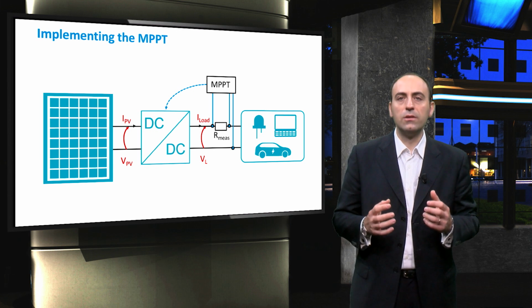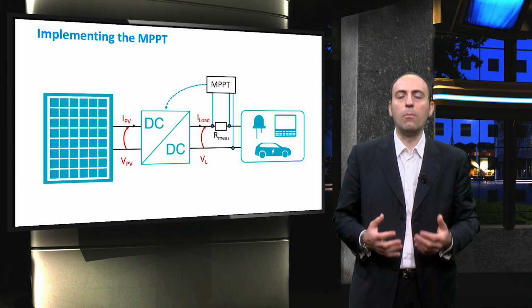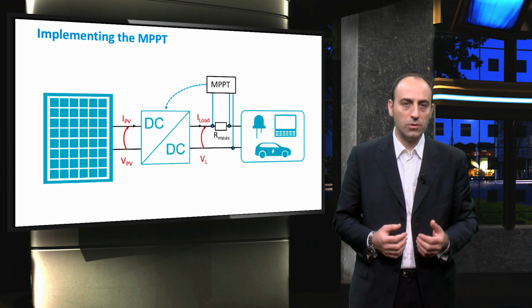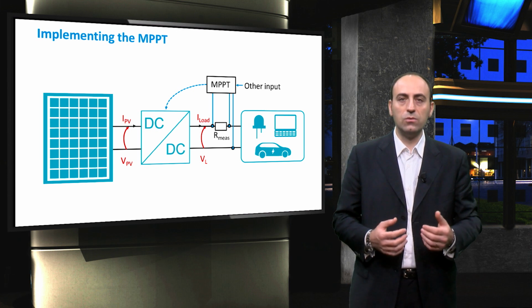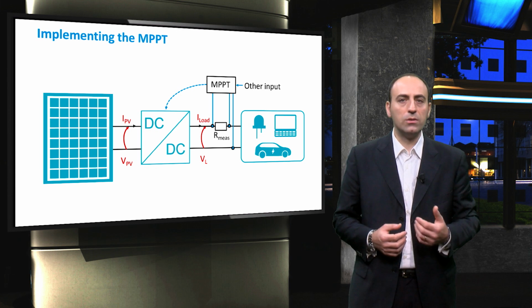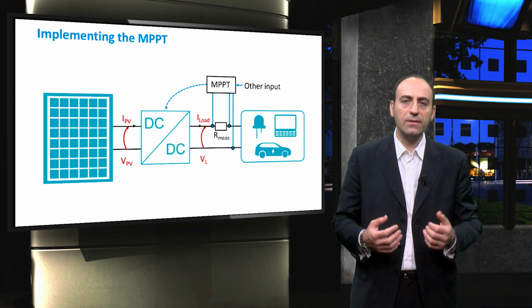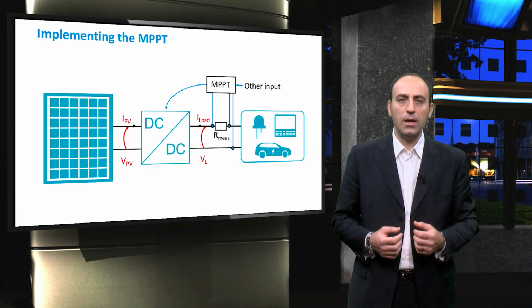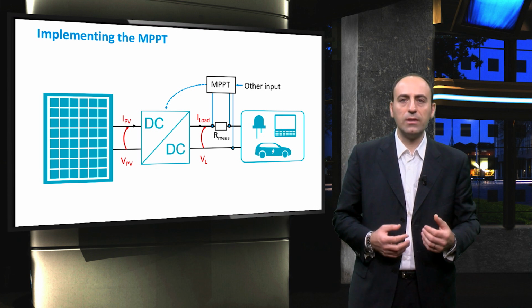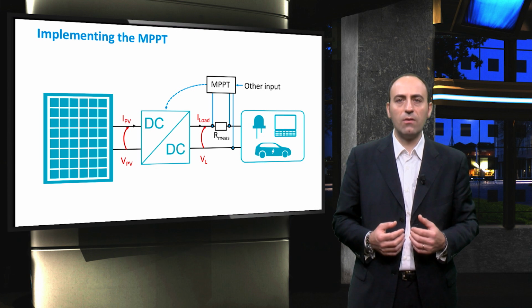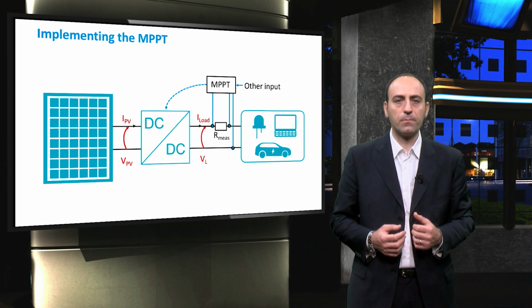Of course, the topology can be made more complex depending on the maximum power point tracking algorithm and some other information that might be provided to the MPPT, for example, the temperature of the PV module and the outcome before the load. In this way, the PV power is maximized by measuring the current and voltage and simultaneously varying the DC-DC voltages.